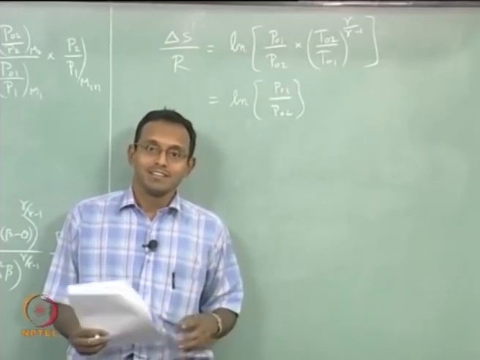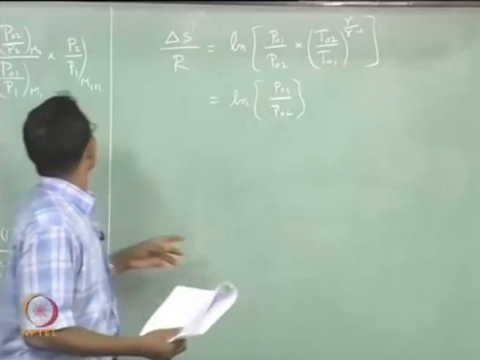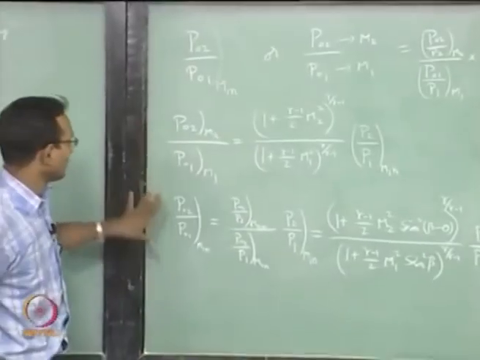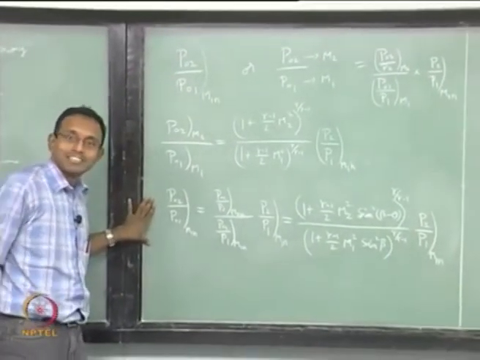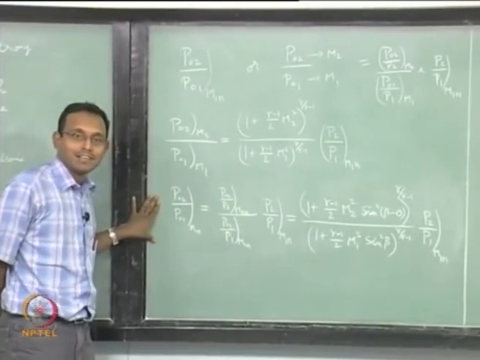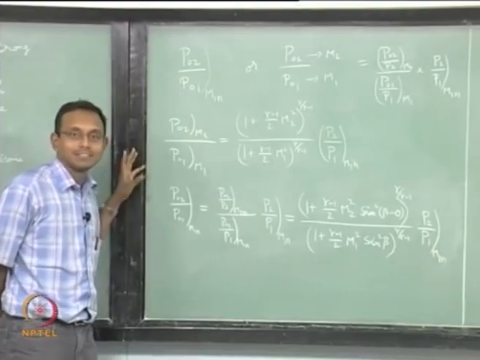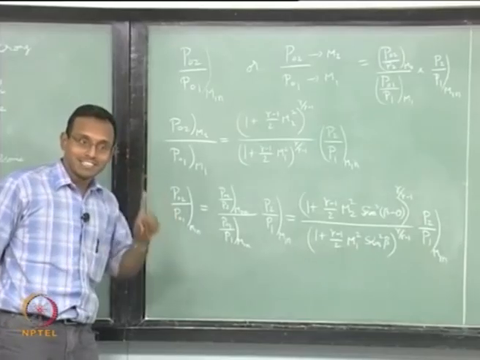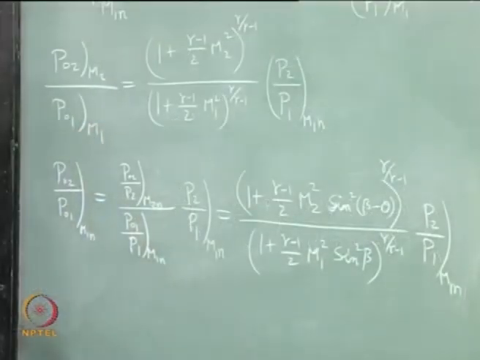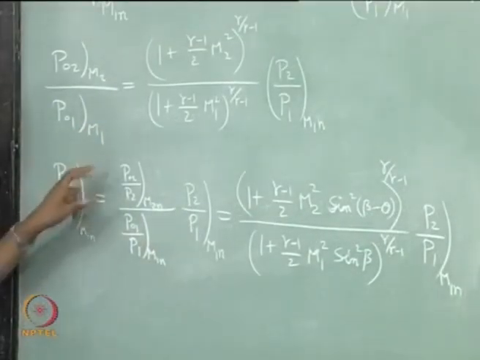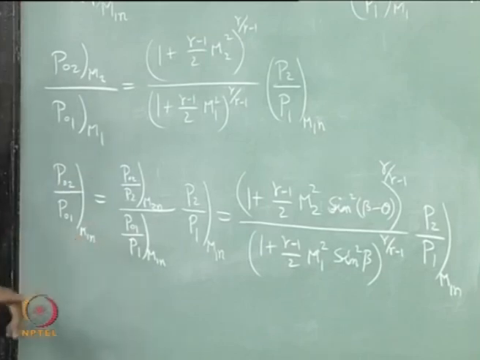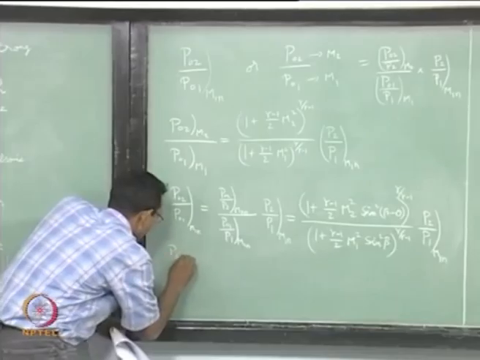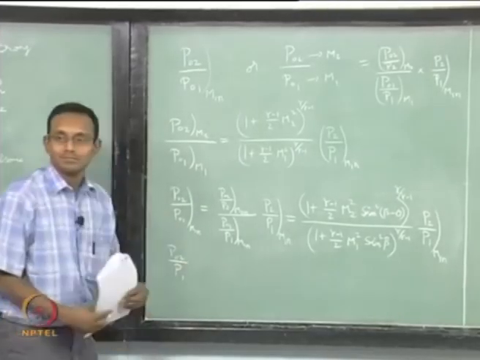That being said, for P naught 2 by P naught 1, which we derived here, whichever method I use I should get the same expression. We will go see a numerical example next class, but that happens to be true. I will still keep the caution that the expressions look very different. In my gas tables, I told you already that I have one more P naught 2 by P 1 column.